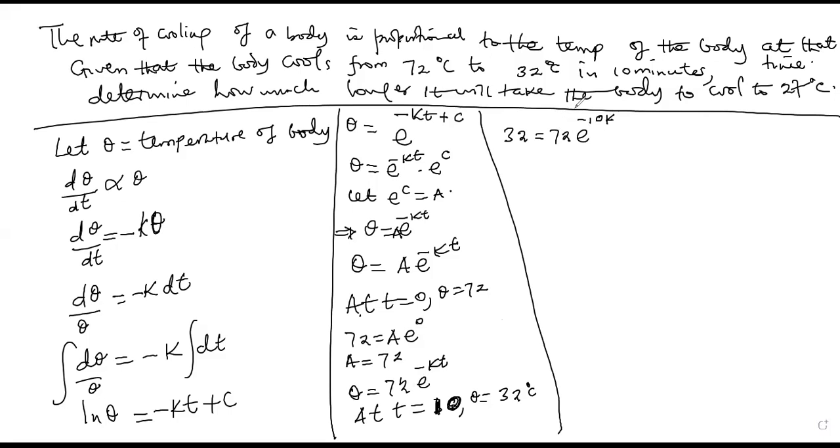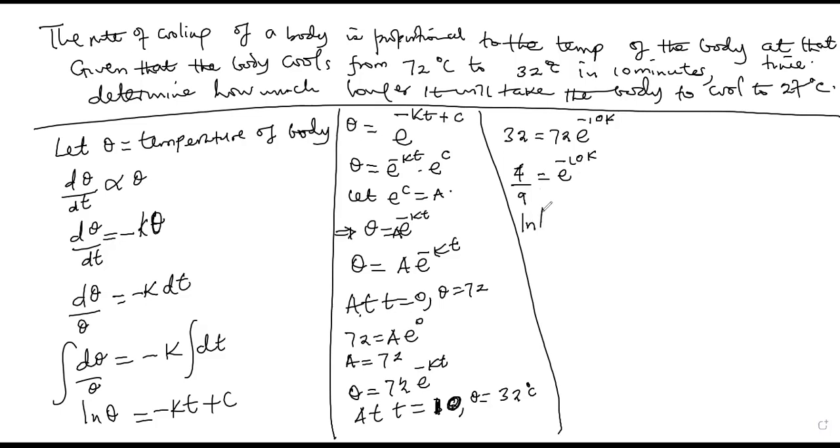So if we need K, you can divide through by 72. So it means that 32 out of 72, which is 4 out of 9, is equal to e to the power negative 10K. We introduce ln on both sides. This side you'll have negative 10K, and this side you'll have ln 4 over 9.